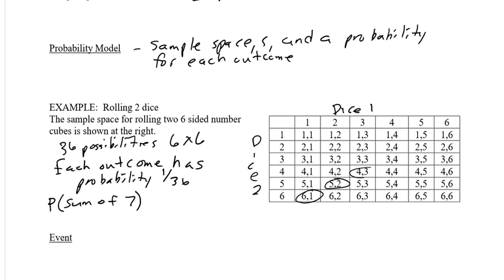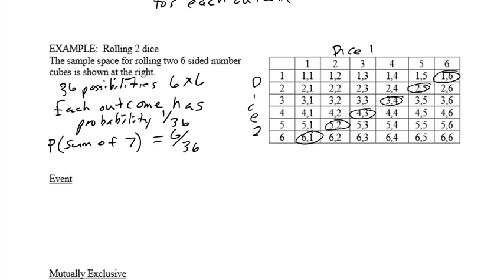There are 6 of them, so there's a 6 in 36 chance that you get a 7. Well, that's an example of an event. An event is simply any collection of outcomes from a chance process.